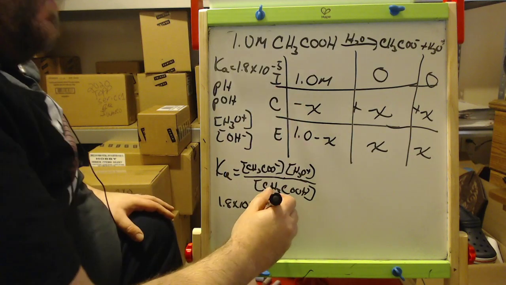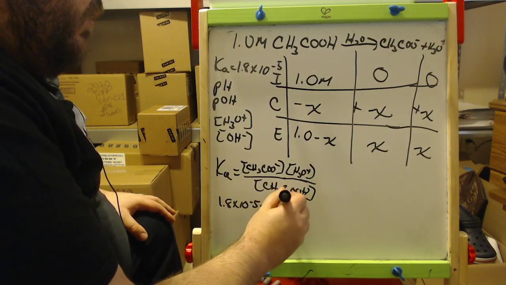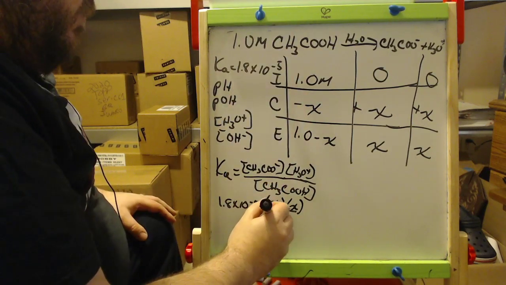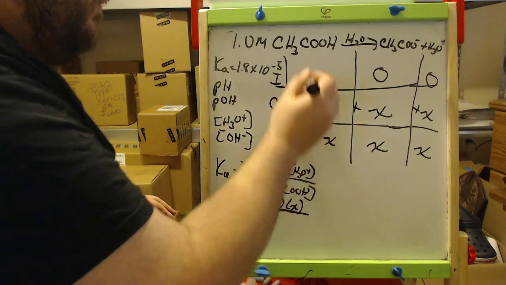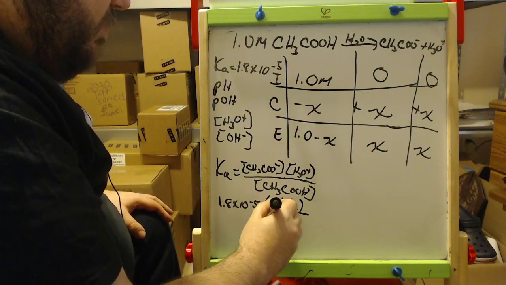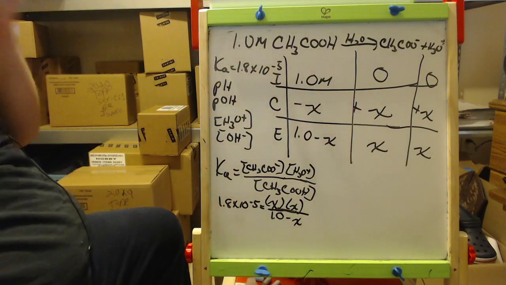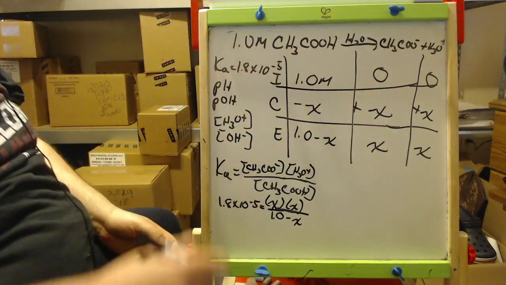That being said, I could plug in the values. CH3COO minus is x, H3O plus is x, and CH3COOH, acetic acid, is 1.0 minus x. So if I could solve for x, I could find the concentration of hydronium.